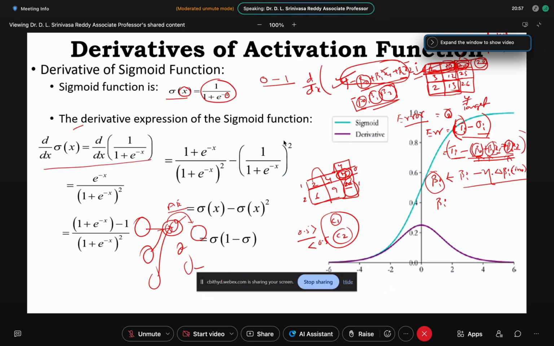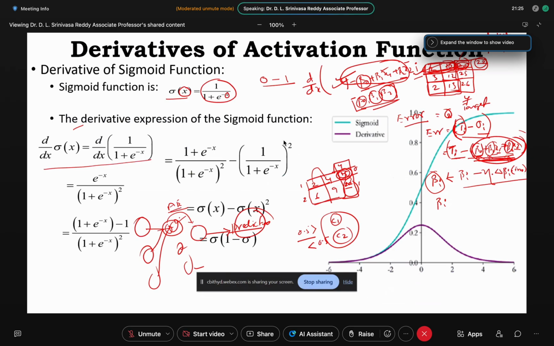The activation function may be sigmoid, may be ReLU. But here the output is called the predicted output, right? That predicted output we use here. That predicted output subtracted from this original output quietly depends on what type of activation function you are using.